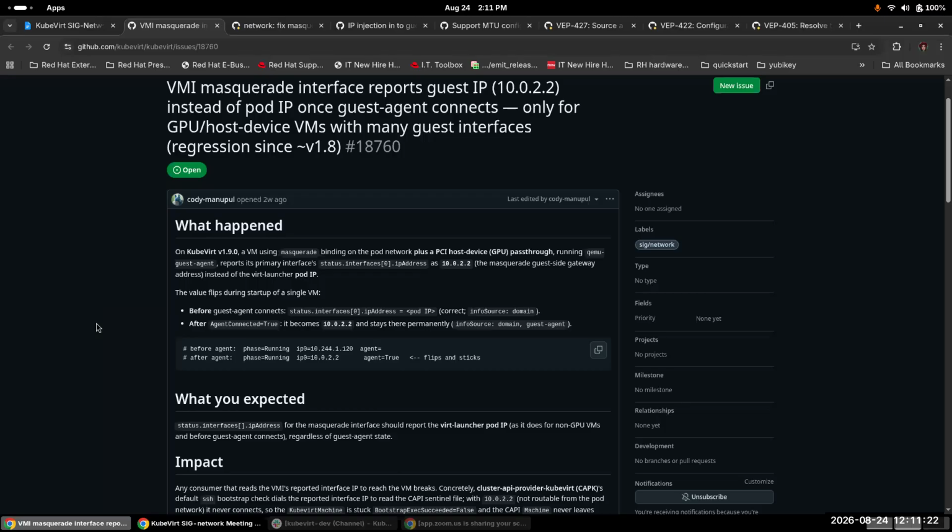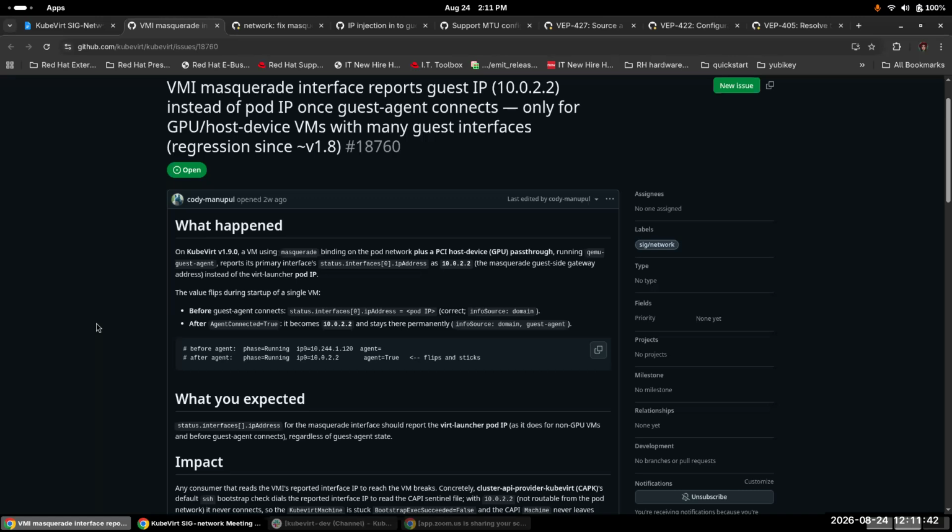But what they tried to fix, and what they said, was that the caching is actually what we read. We identify the configuration on the pod interface and we save it for later.